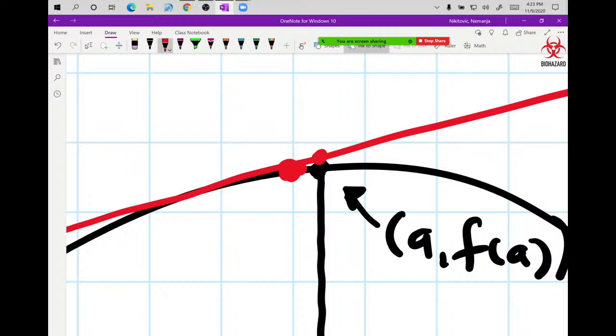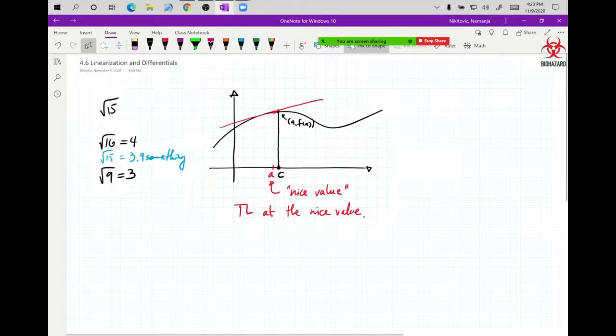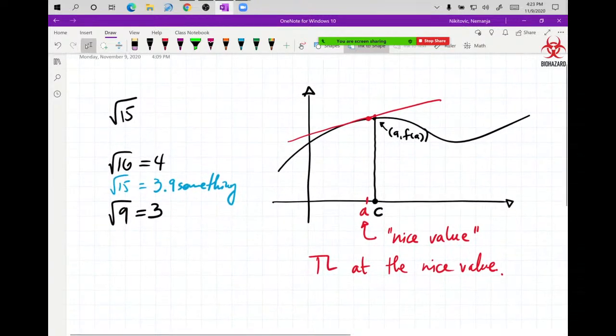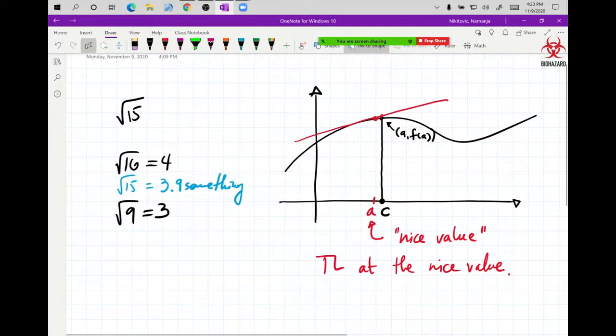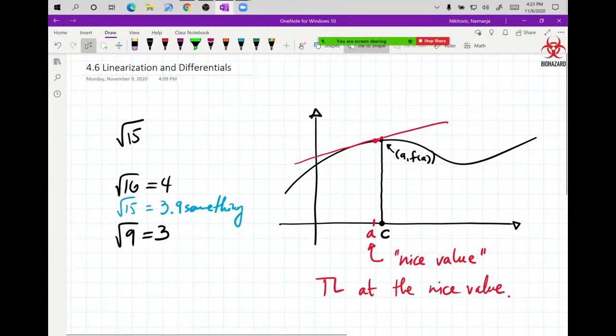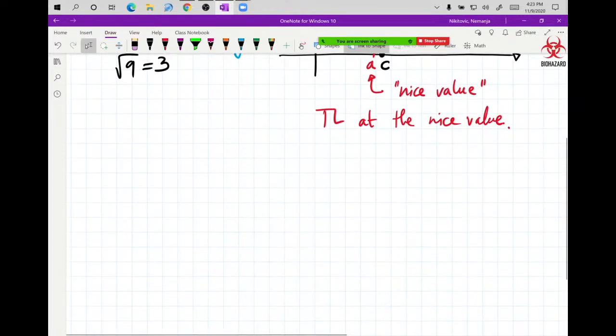They're very close. Now remember, tangent line is y equals mx plus b. So I'm going to plug that 15, not in the square root, but into my tangent line. So let's do that.